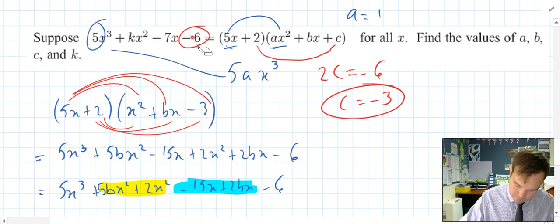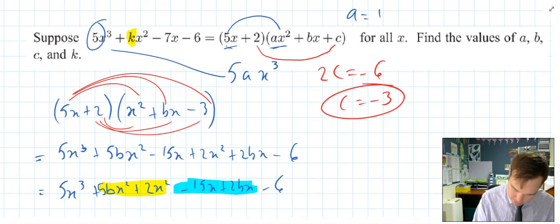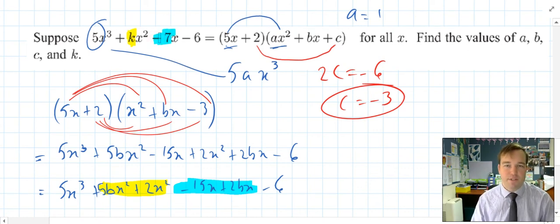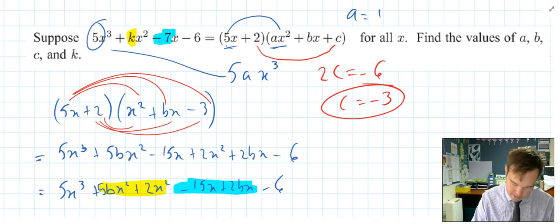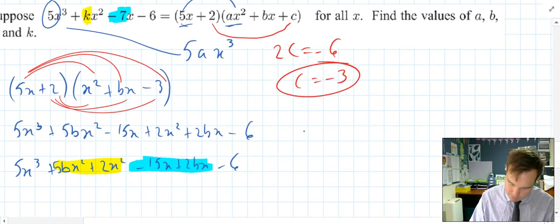And that means that the highlighted coefficients here, 5b plus 2, must equal to k. Similarly, the minus 15 plus 2b must equal to minus 7. So the coefficients of x and the coefficients of x squared must line up, and that gives us our next set of equations. So we can write minus 15 plus 2b equals minus 7.